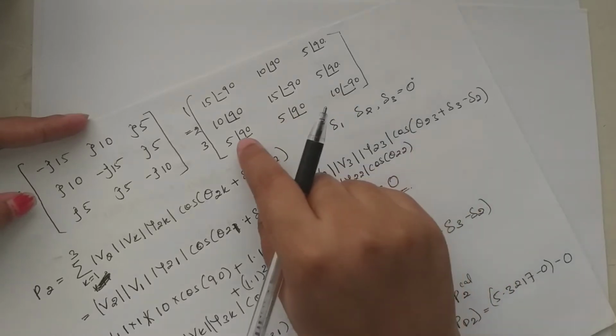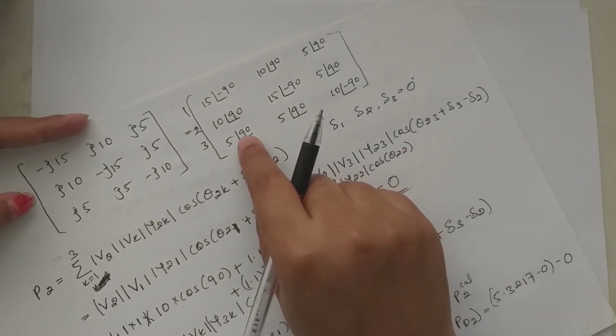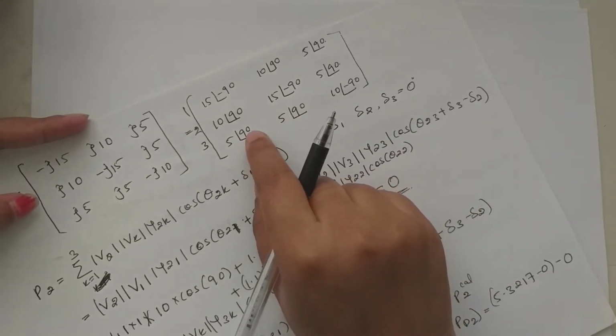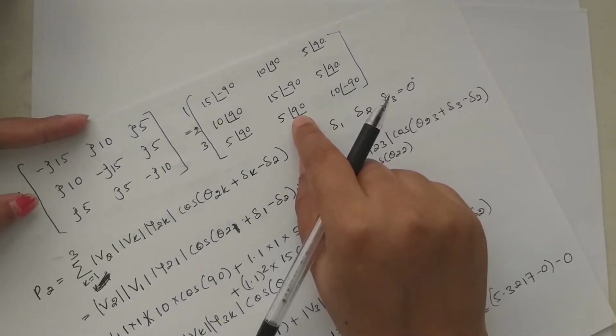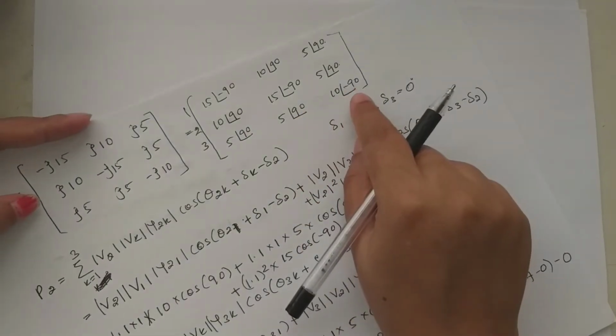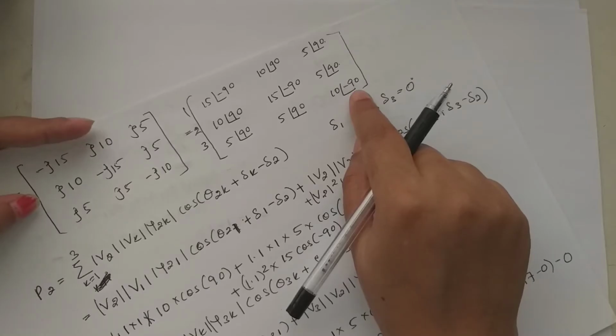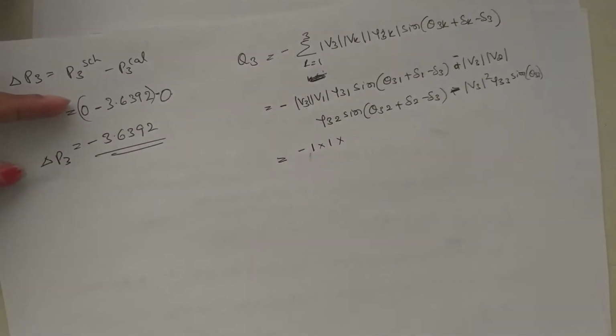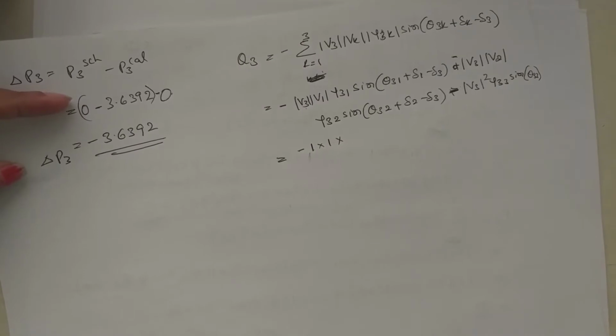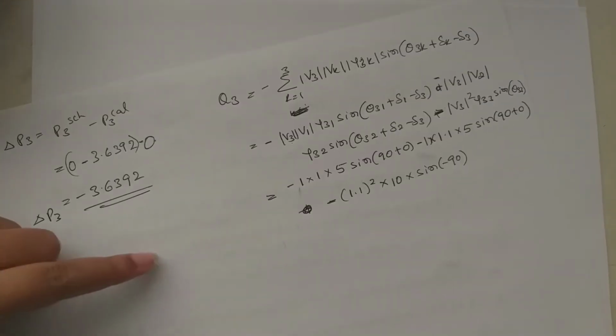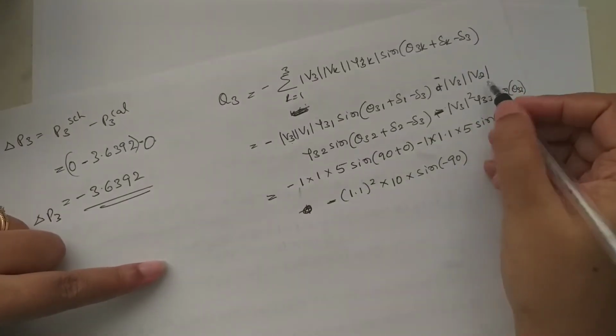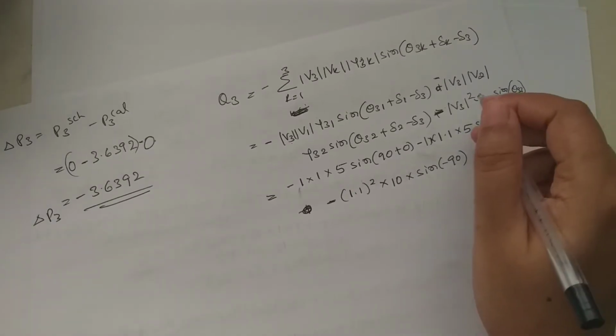And theta 31 is 90, theta 32 is 90 and theta 33 is minus 90. Substituting everything, here V2 is 1.1.